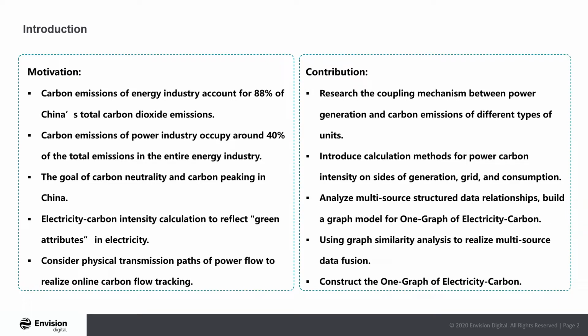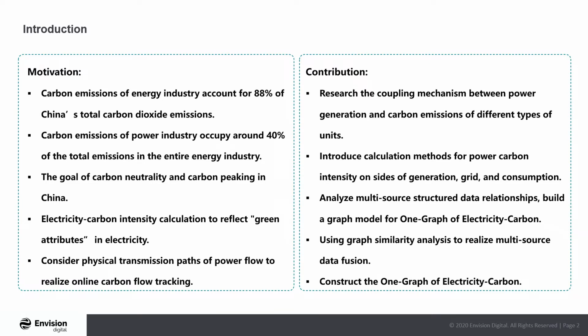In terms of carbon flow tracking and traceability, the carbon intensity calculation process does not consider the transmission of electricity energy in the power grid. It is necessary to consider the physical transmission paths in the grid, realize the online tracking of carbon flow between power plants, substations, and users, and analyze the transmission law of carbon flow in the power grid online.